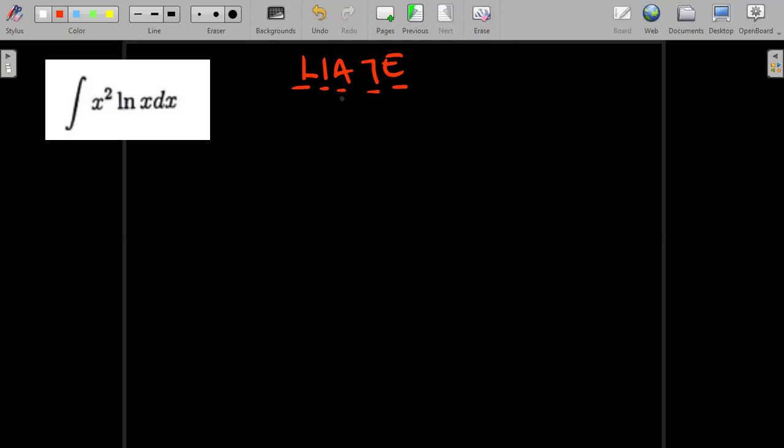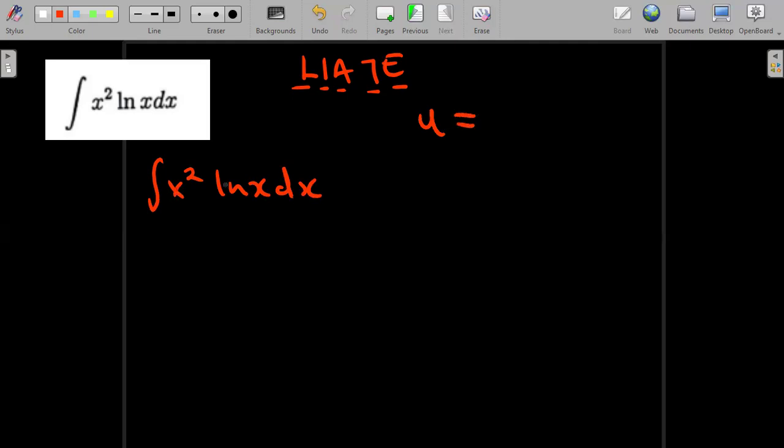And then what you will do is get your u, your v, your du, and your dv. So from this same question, we have x squared ln x dx. We must first identify what is going to be my u.